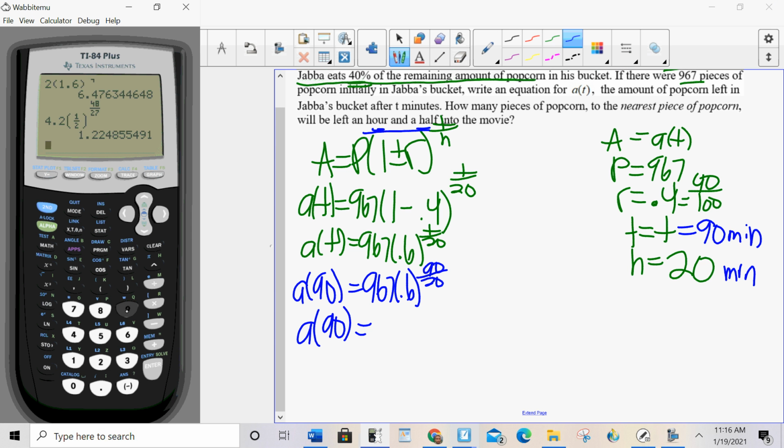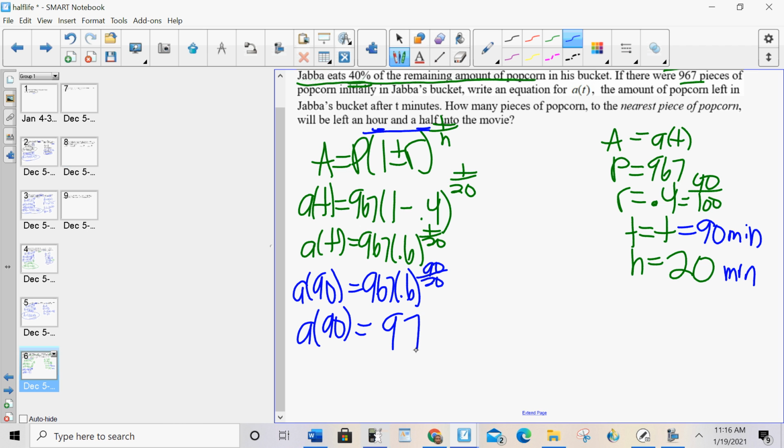And I've got 967 times 0.6 to the power of 90 over 20. And it wants the nearest piece of popcorn. That would be 97 pieces of popcorn.